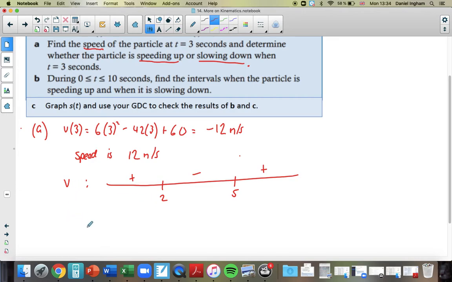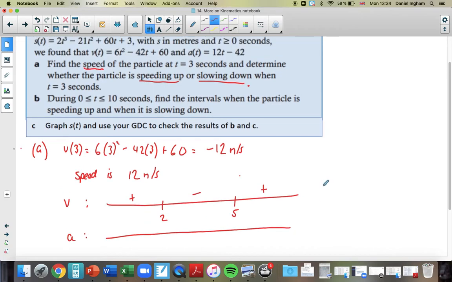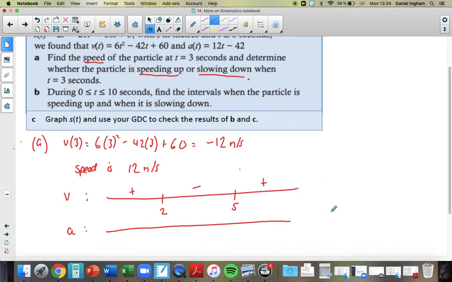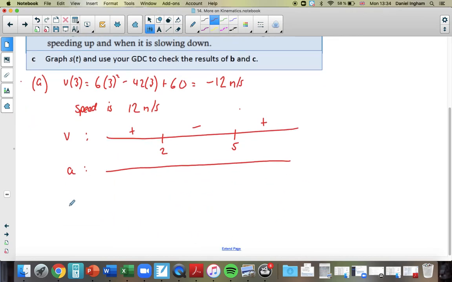If it's a non-calculator paper, then you have to do the working by hand and substitute in some numbers to find out. For the acceleration, we need to work out the key points. We're going to assume this is a non-calculator paper.